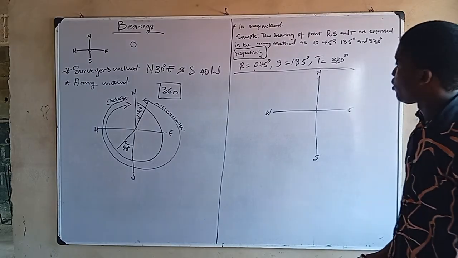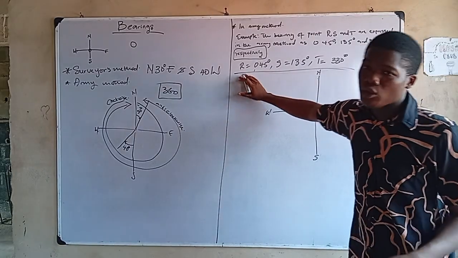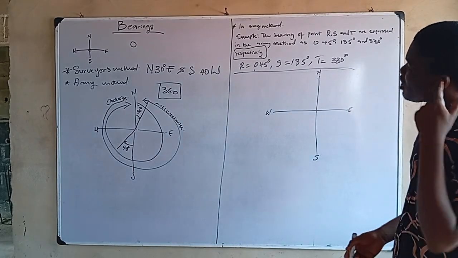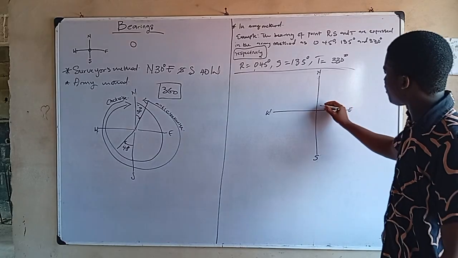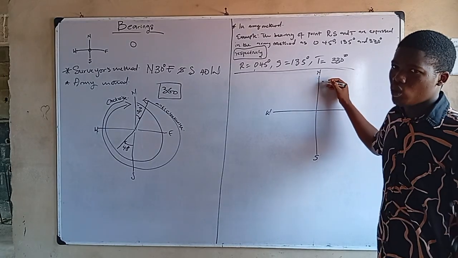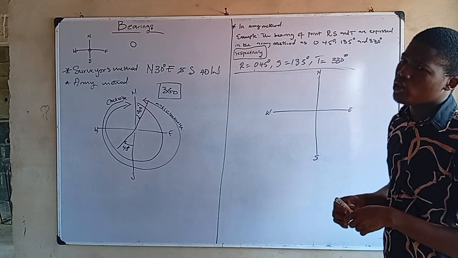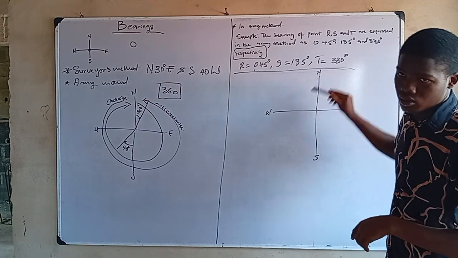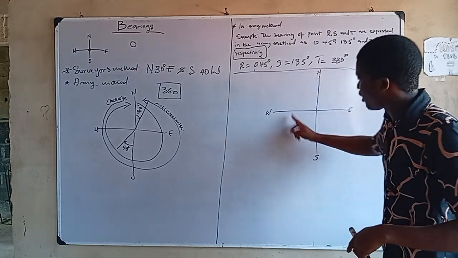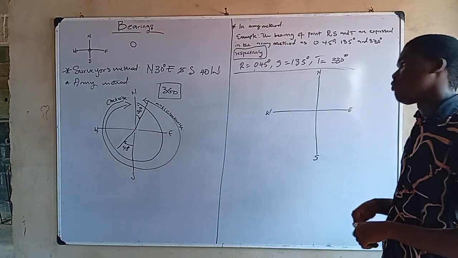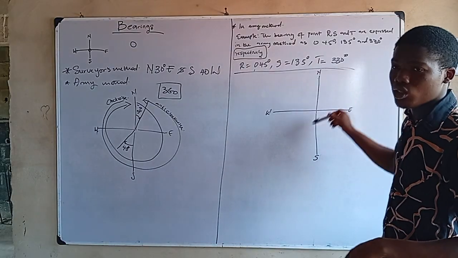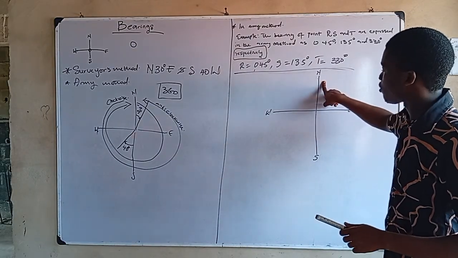Now, the first one is R. How do we get our R? We calculate 45 degrees. We know that this is 90 in the first quadrant. And I told you in the army method, the starting point must start from north and move clockwise till it gets back to north.